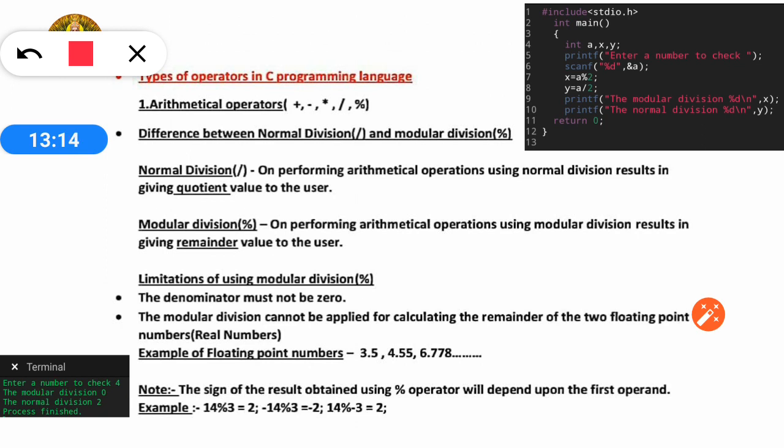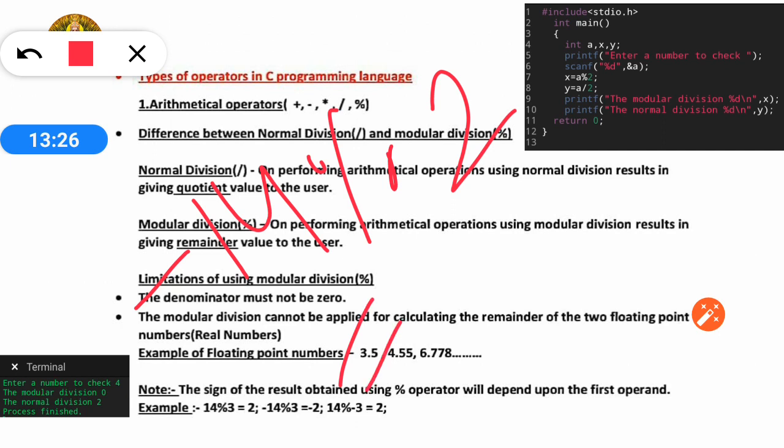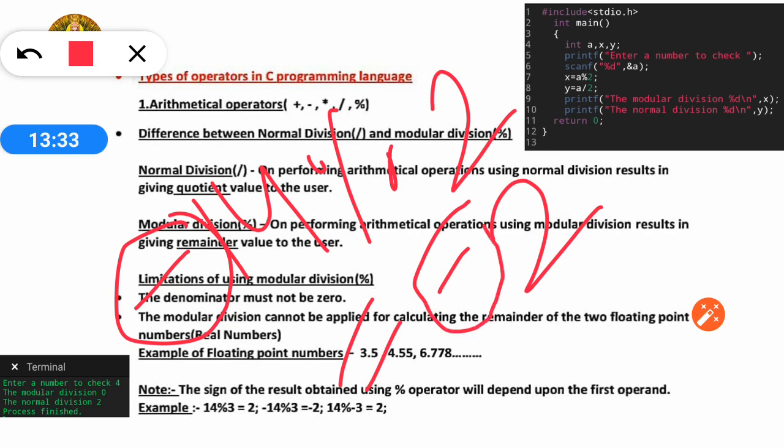Suppose here the user enters -14, and if the modulus operation is done, you will get returned -2. So this minus sign will give a minus sign in your answer.